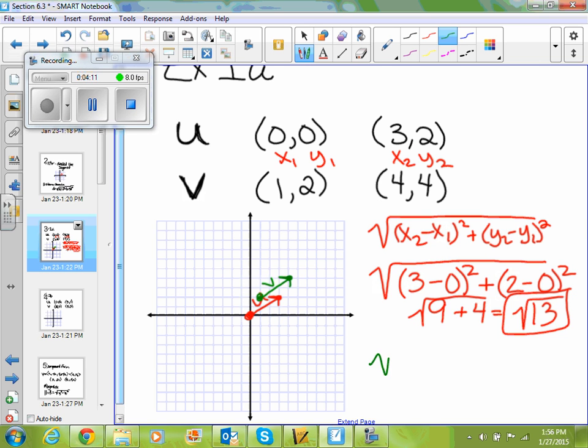Okay, if I do the same thing for v with my x1, y1, and x2, y2. For x2, I end up with 4, minus my x1, which is 1, squared, plus my y2, which is 4, minus my y1, which is 2, squared.